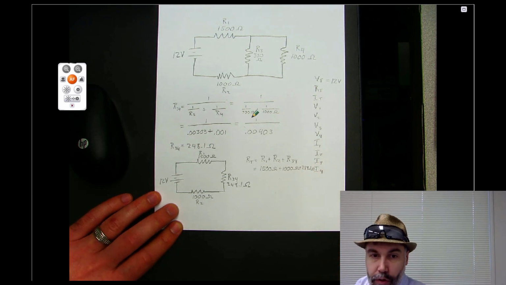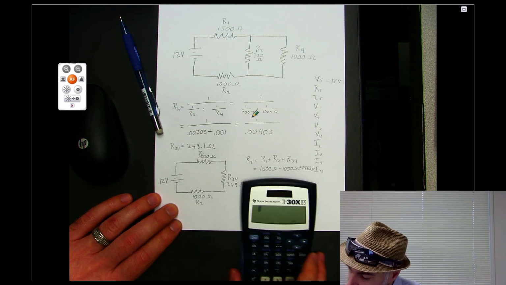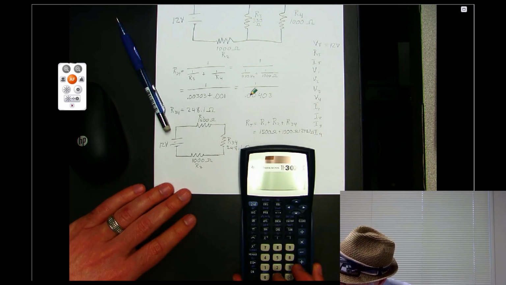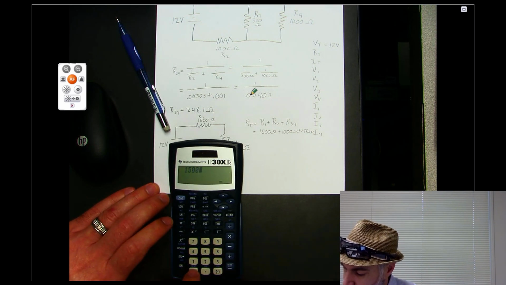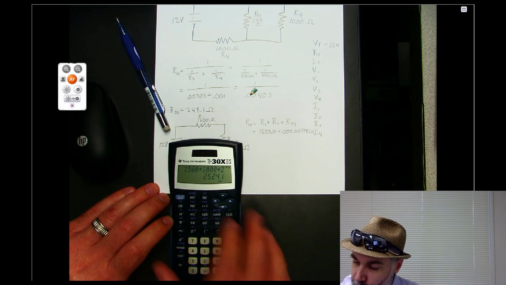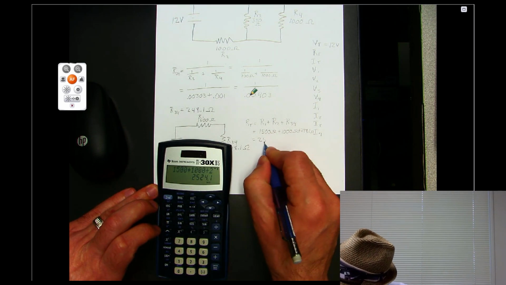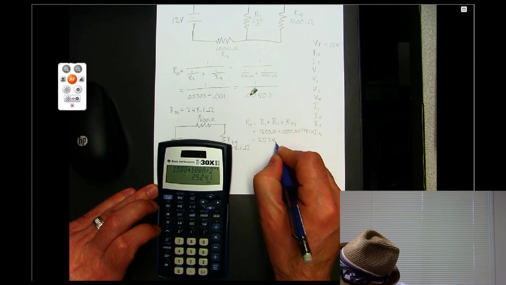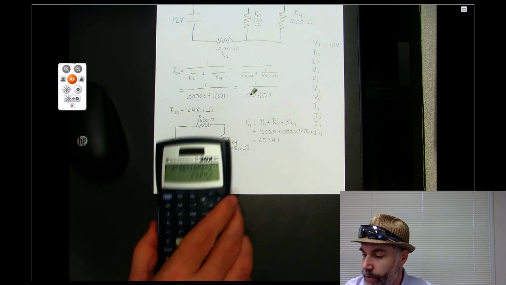All right, so if we add those together on the calculator, we would say 1,500 plus 1,000 plus 248.1, and that gives me 2,524.1. Okay, so then that would be my total resistance.